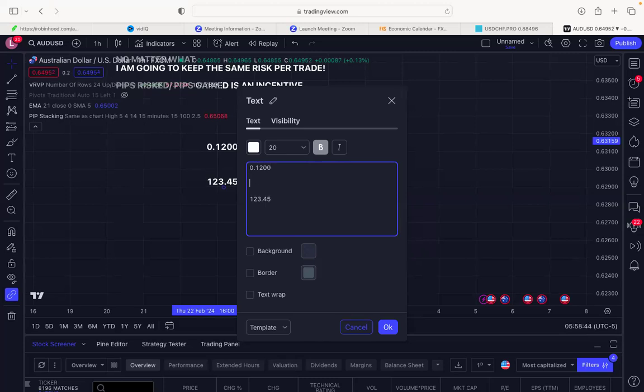If I'm going from 0.1200 to 0.1180, that's minus 20 pips. I just went down 20 pips. If I'm going from 0.1200 to 0.1220, that's plus 20 pips.